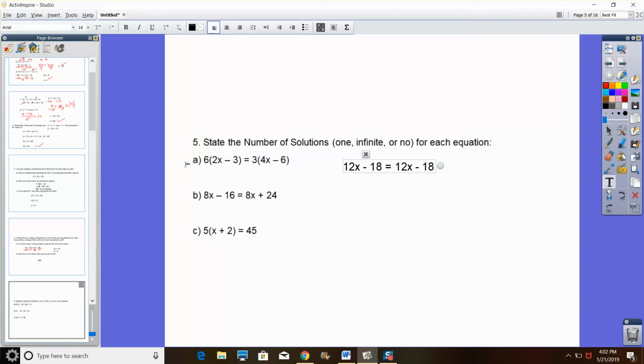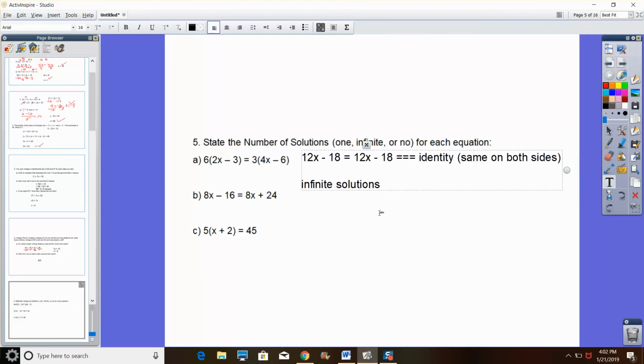So when I distribute these two coefficients to these two binomials, I get 12x minus 18 equals 12x minus 18. This is called an identity. That means since it's an identity, when we have the same thing on both sides, then we consider this to have infinite solutions. All right, so that is our first problem there.